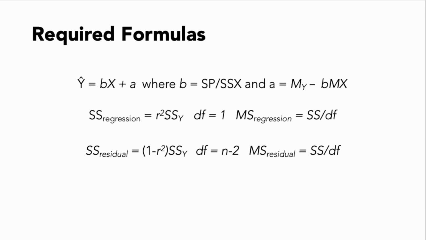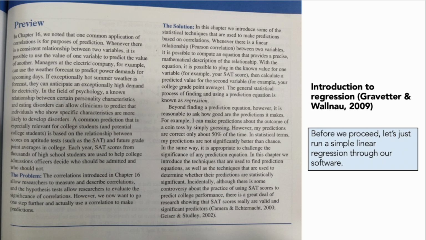But before we go through all of this, let's get a bit of an introduction as to why this is important and what regressions generally are. If you have learned about correlations, you know correlation is something you use to demonstrate an association between two variables. For example, those who do well in the SAT, the Scholastic Aptitude Test, could do well in the university as well.